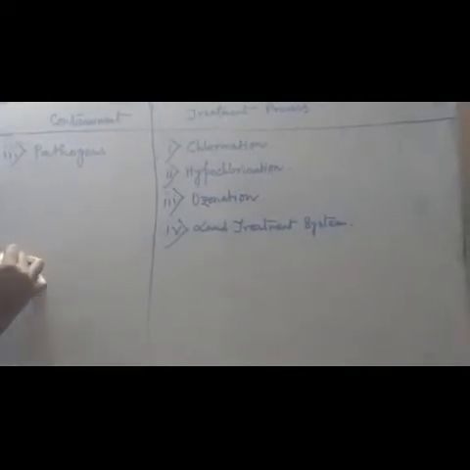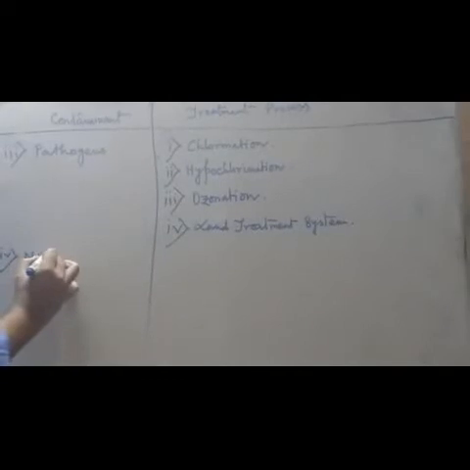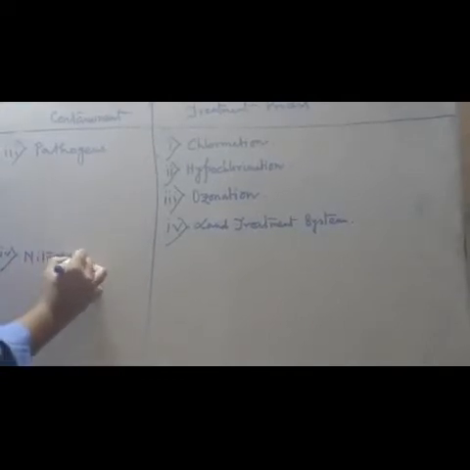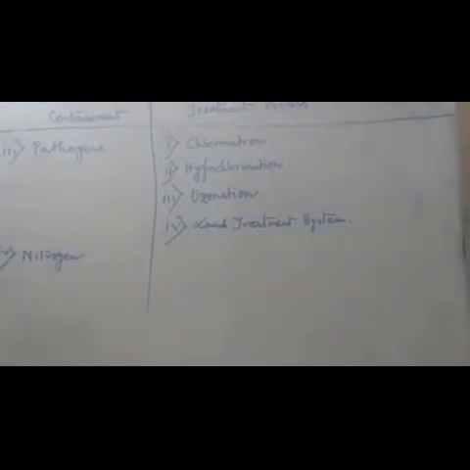Now, put the next contaminant, that is nitrogen. If nitrogen is present in the wastewater, first of all, we have to do nitrification as well as denitrification.